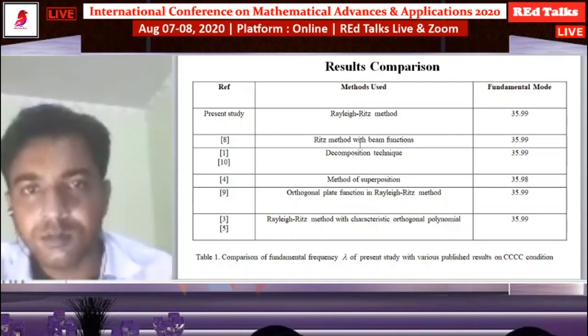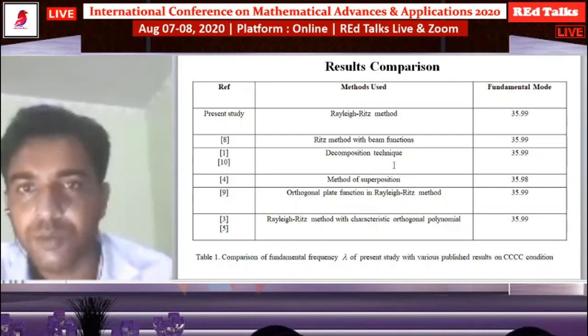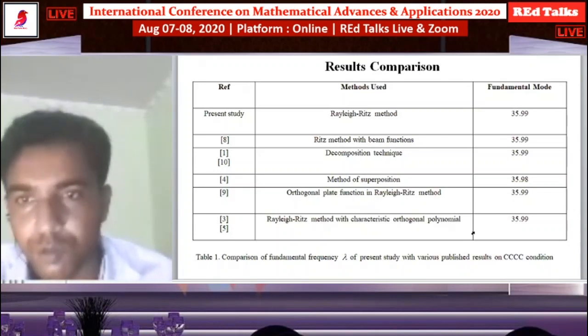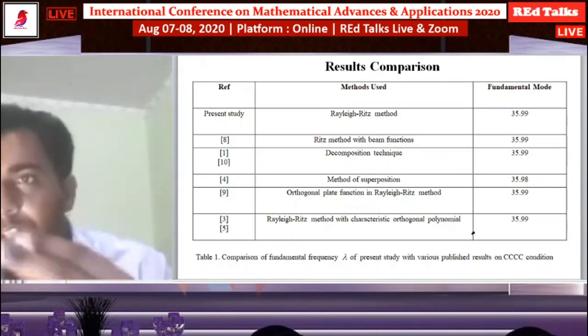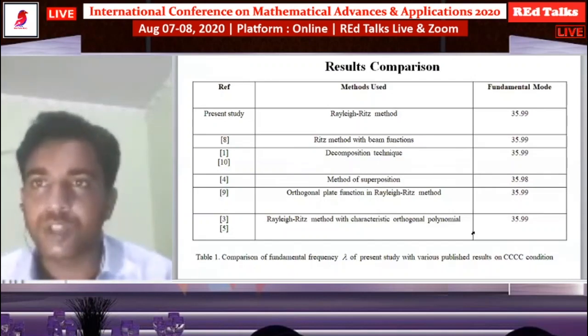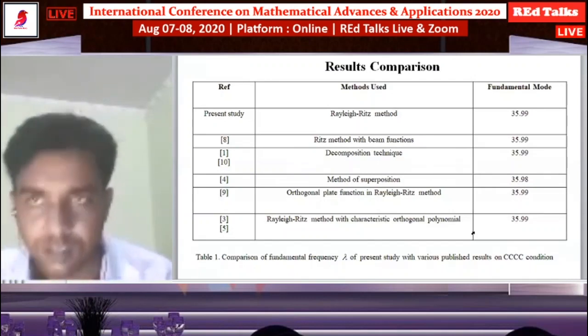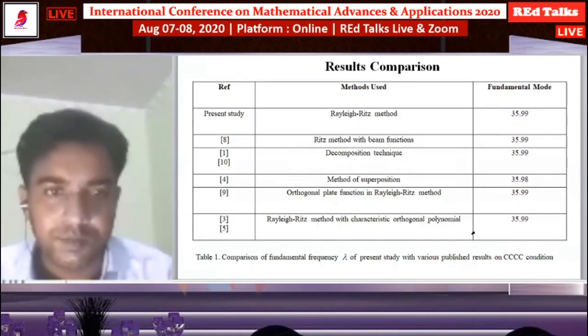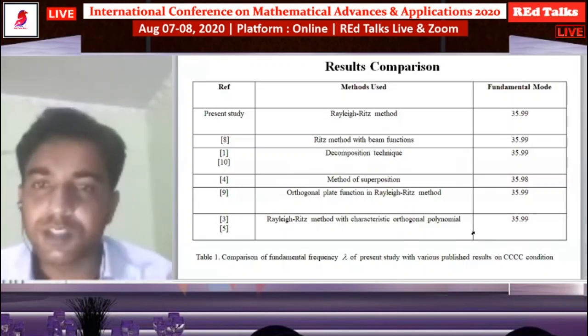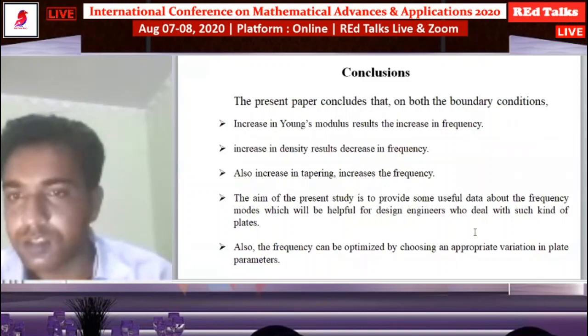These include Reed's method with the Wehm function given in study 8, decomposition technique and method of superposition, and orthogonal plate function in Rayleigh's method with characteristic orthogonal polynomial. We compare the result of the present study with other existing studies to show the validity of the proposed study. Here we compare the fundamental frequency lambda of the present study with various published results on all edge conditions.